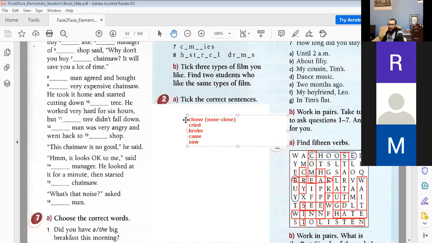Saw, right? So saw, let me look for words which have the same sound. Law, correct. Saw, law. We have also fall, wall, hall. What is it, Media?